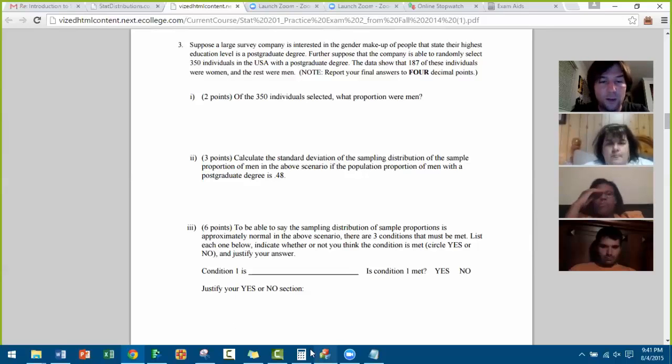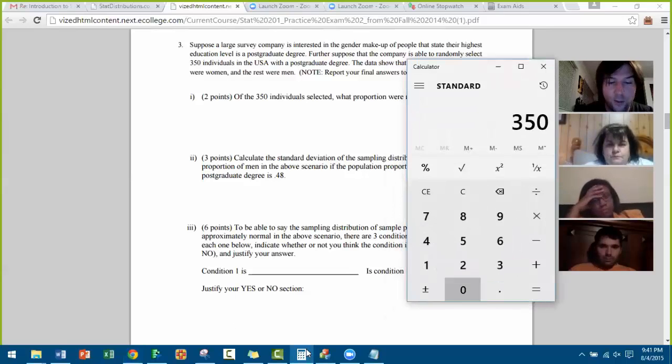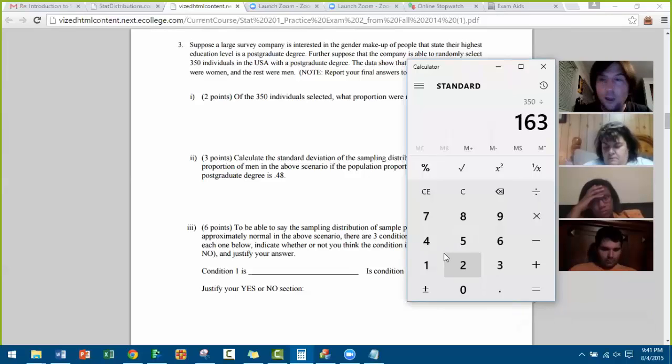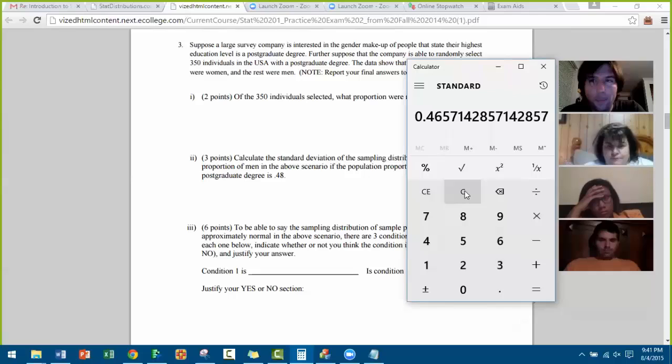So to figure this out, we simply find 350 minus 187 is 163. There were 163 men, and we now take 163 divided by 350, it's 46.57%.